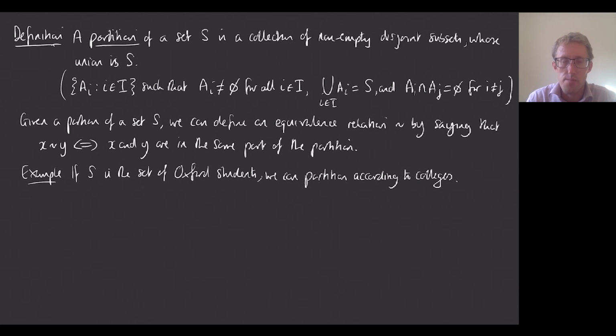You can't be a student at more than one college, so these subsets are going to be disjoint, and all students at Oxford are a member of a college, so the union of all of those subsets will be the whole set of students. And then if we use the equivalence relation that's induced by that partition, we would say that a student X is equivalent to a student Y if they're at the same college.